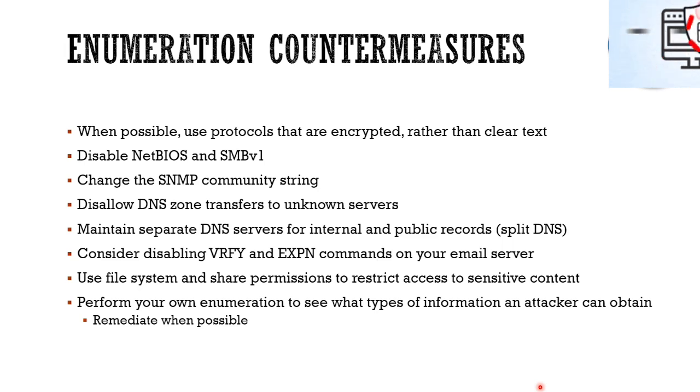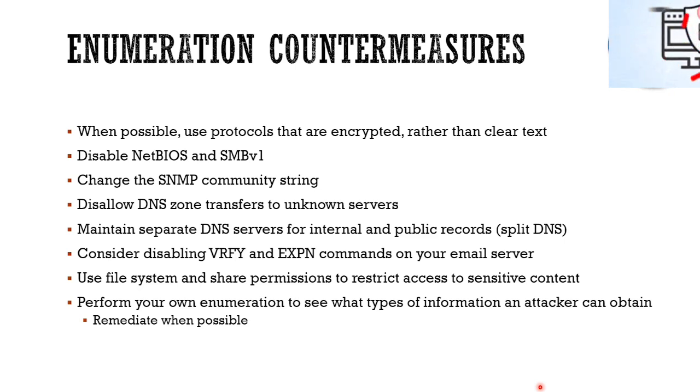If you find some vulnerabilities that you can enumerate from that you cannot fix, then implement some other compensating control. Like, okay, I can enumerate information out of this medical instrument because it runs Windows 7 and the vendor is just not going to update it. All right, then, if that's the case, don't put it on the network. That would be our compensating control. Keep it off the network.